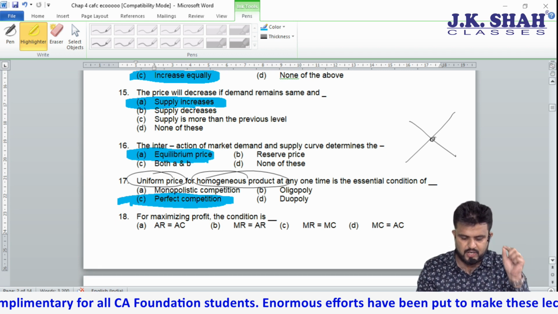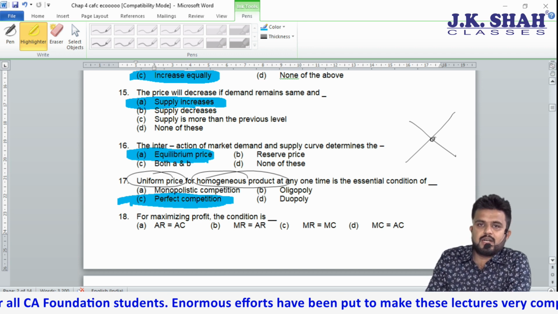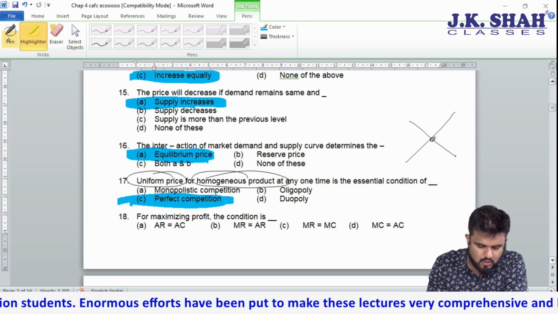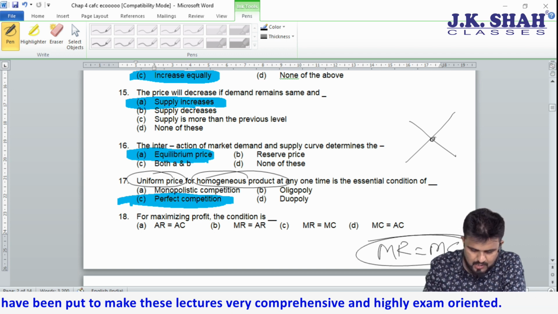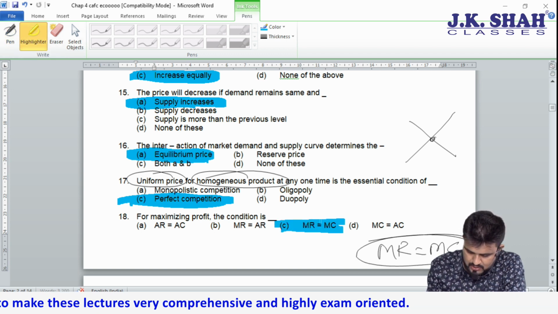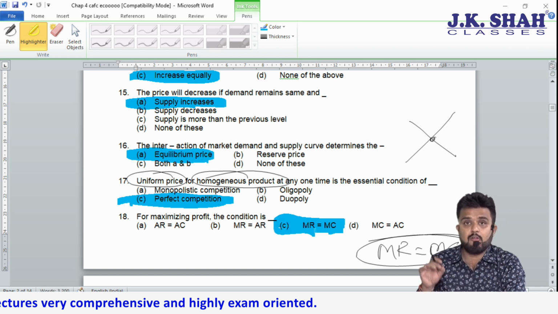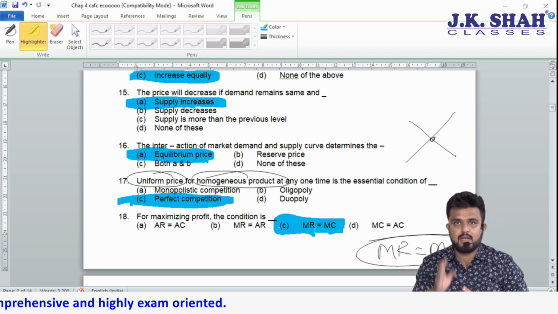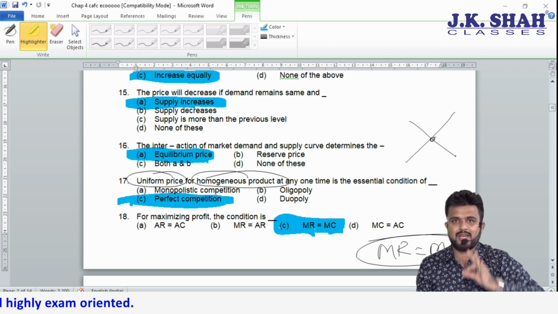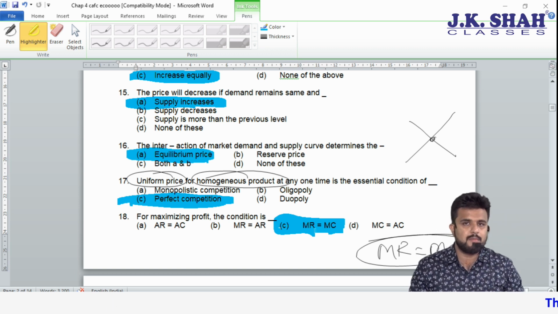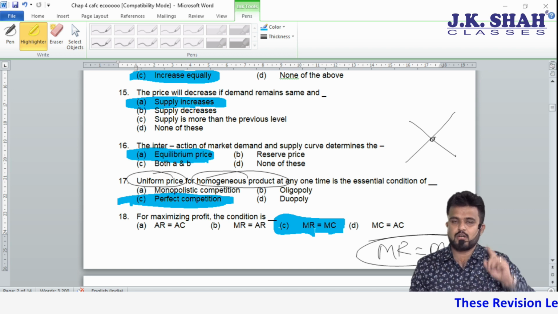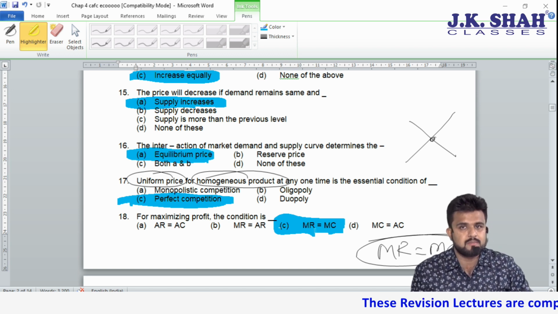Next, the condition for maximizing profit, just now we did: MR should be equal to MC. So answer is C. Till where we can earn profits, from point B we were drawing the red color equilibrium line, the profit maximizing output. First order condition: MR should be equal to MC.